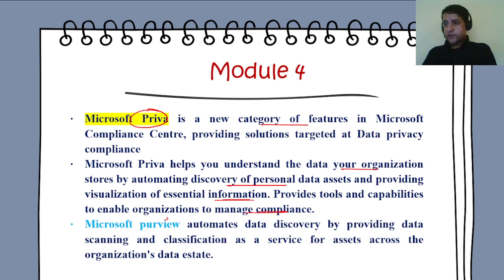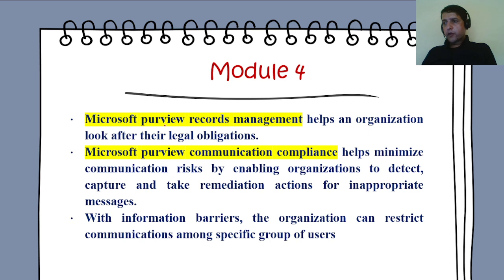Then there is another one, which is Purview. Purview automates data discovery by providing data scanning and classification as a service for assets across the organization's data estate. So please remember what they do. Microsoft Purview Records Management helps an organization look after their legal obligations.